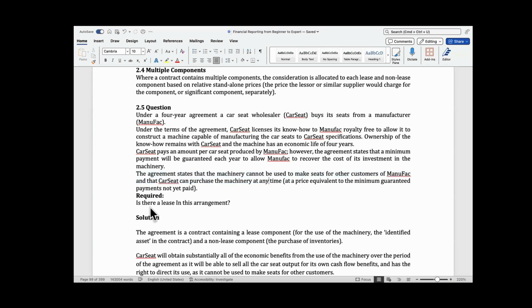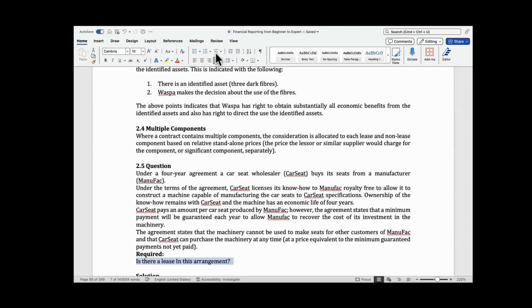So this question is asking, is there a lease in this arrangement? No. Okay, good. Why? Can you tell us more? The last sentence spoiled all the information from the beginning. The statement pronounced that Manufac do not have control of that asset.